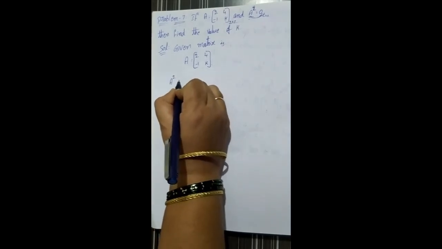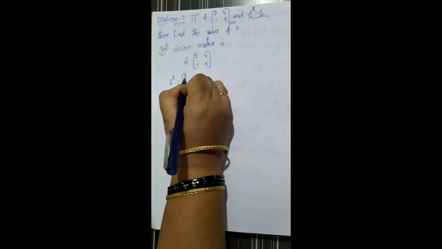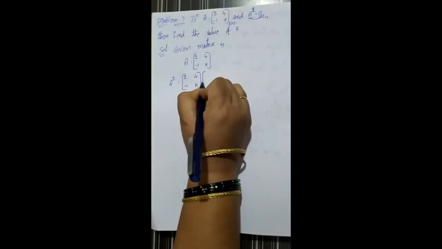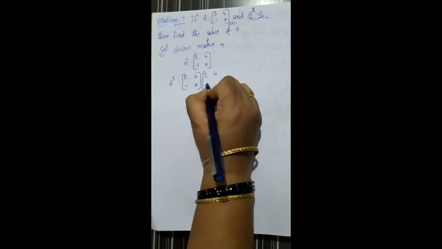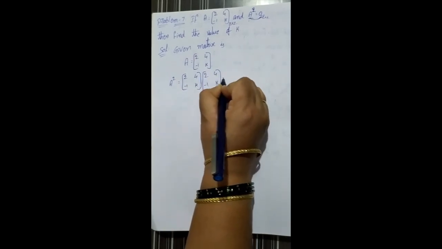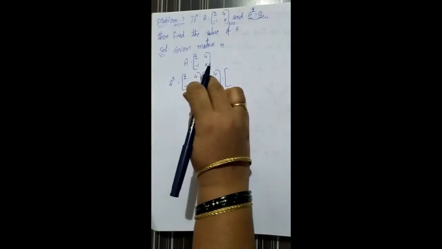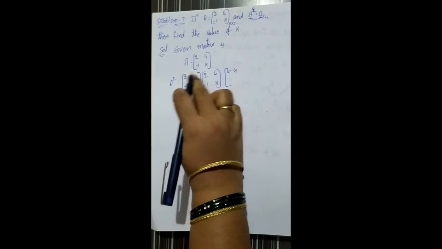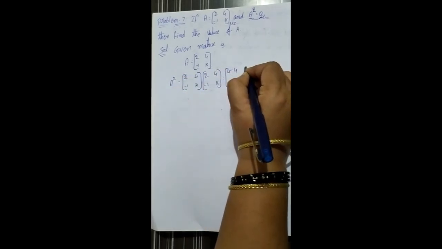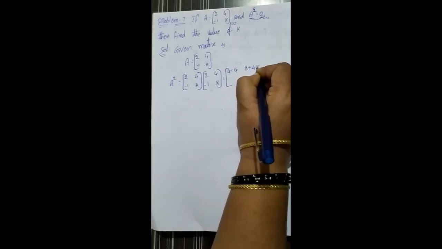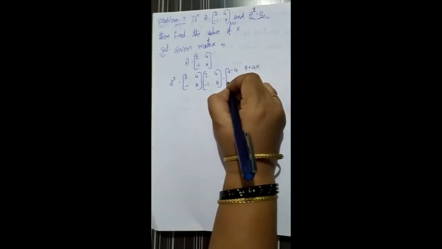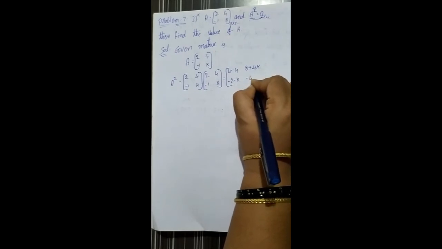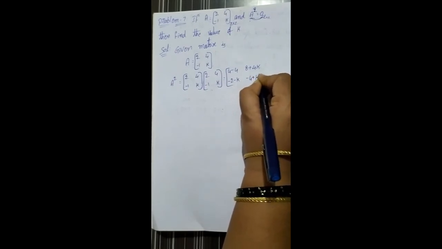A square equal to A into A, that is 2 4 minus 1 k into 2 4 minus 1 k, that is equal to 4 minus 4, 8 plus 4k, minus 2 minus k, minus 4 plus k square.